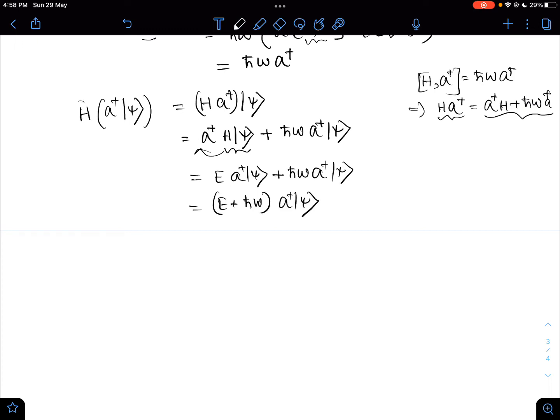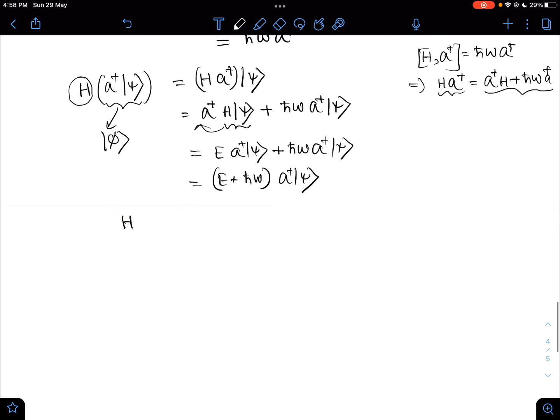So we are operating the Hamiltonian on the state a† psi. Suppose we give this the name phi. If we operate the Hamiltonian on phi, we get a value and we get the same state back. So this must be an eigenfunction of this operator with the corresponding eigenvalue.